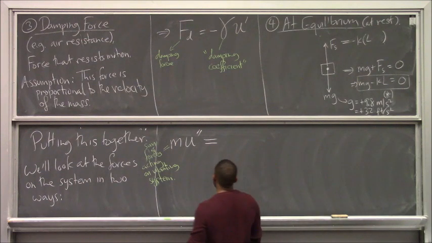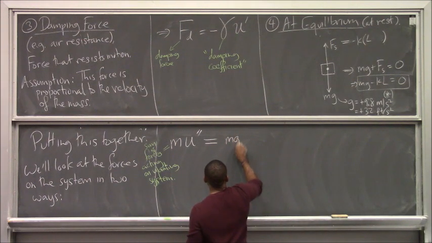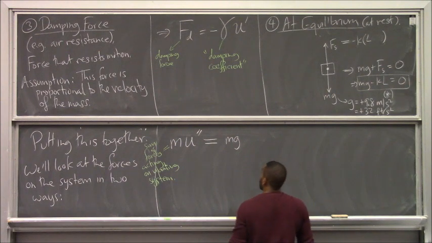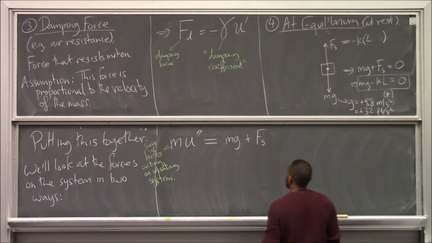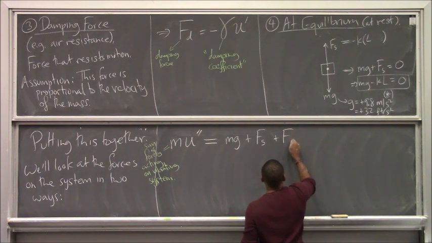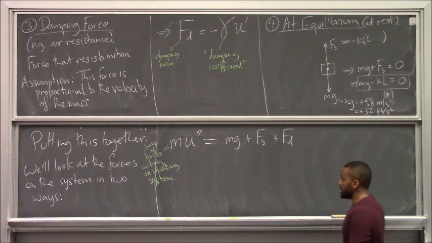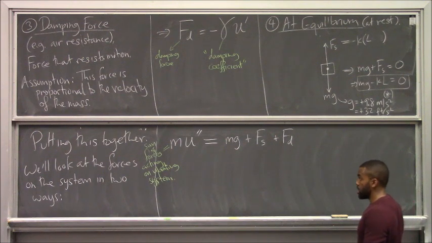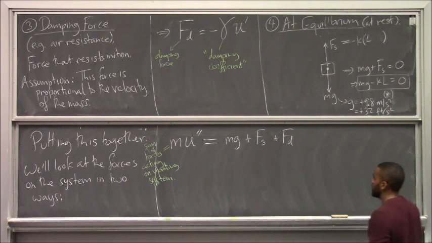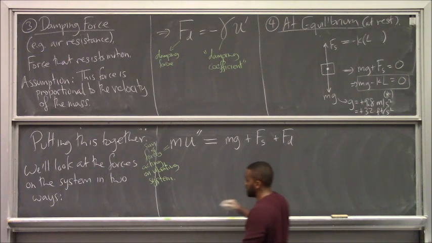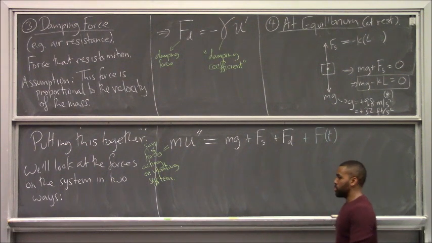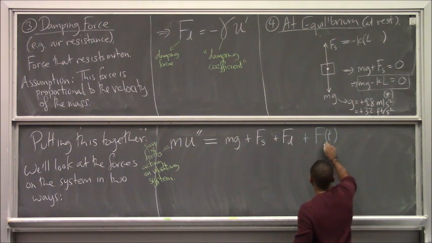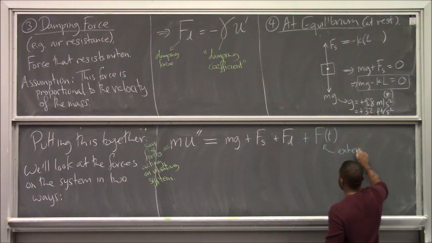That is going to be, well, the weight of the mass, plus the force exerted by the spring, plus whatever resistance force it's experiencing from the environment, so the damping force, plus, just in case we want to give more trouble, some external force acting on the system.